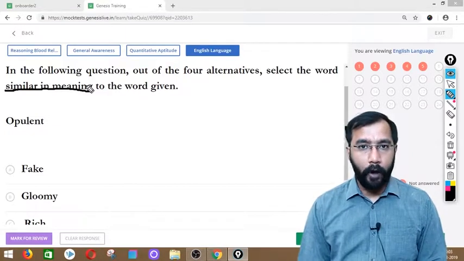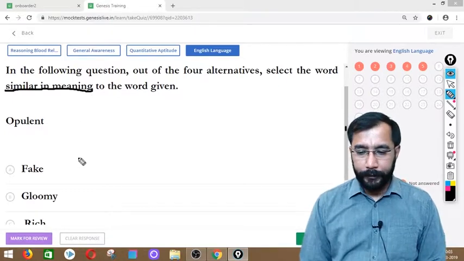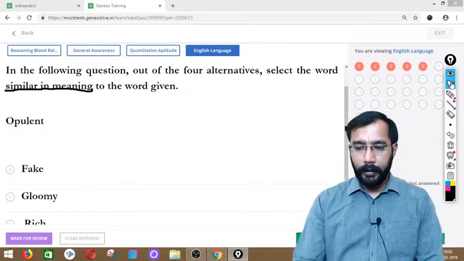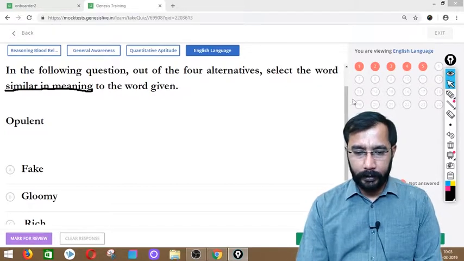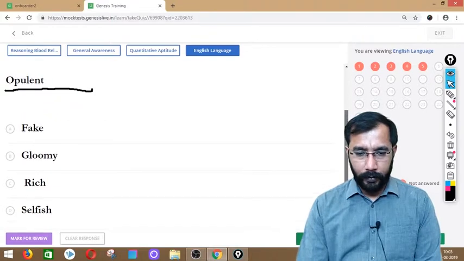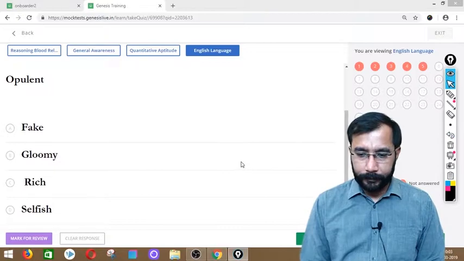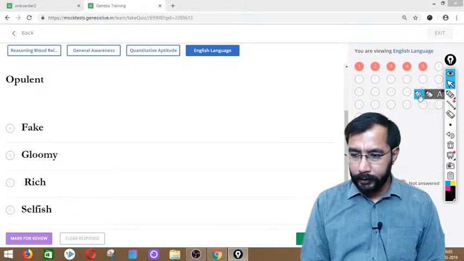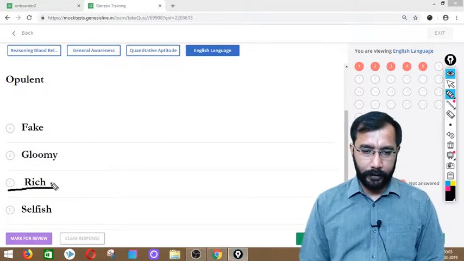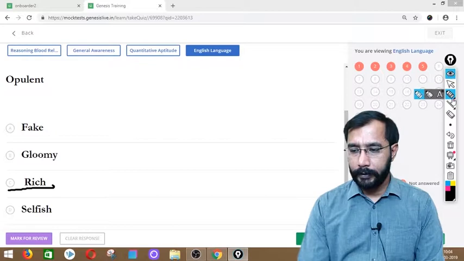Antonyms are words with opposite meaning. Now, for opulent, the words given are fake, gloomy, rich, and selfish. Well, the right answer for this will be rich. Opulent means rich.